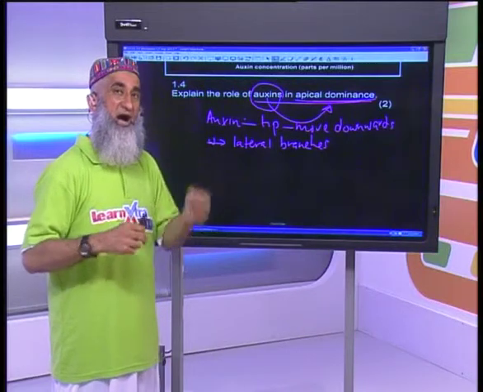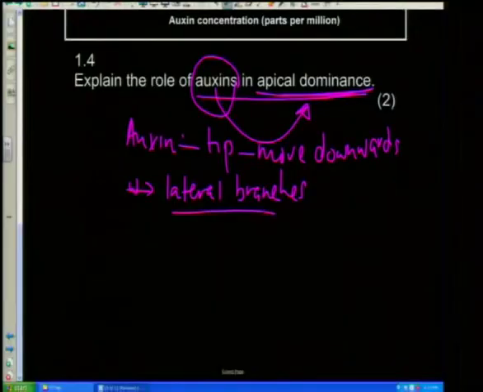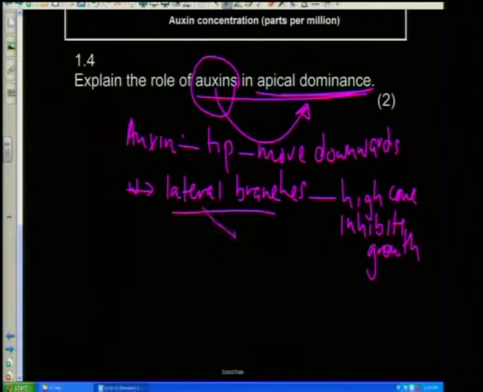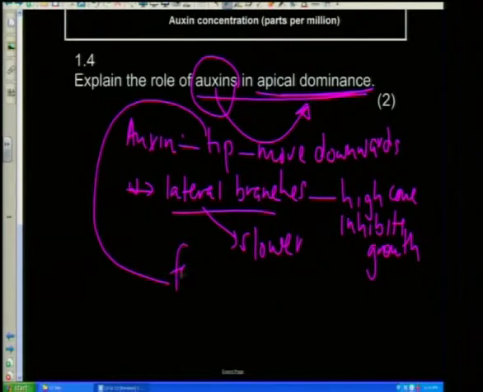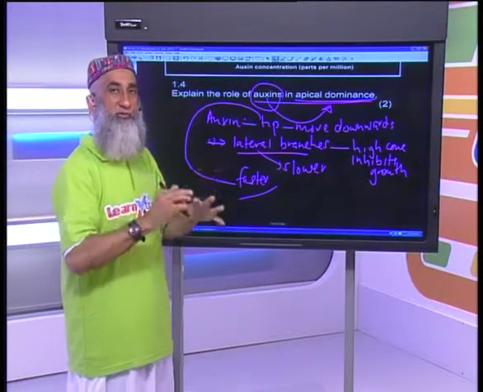In the root, a high concentration of auxin inhibits growth. And also in the lateral branches, a high concentration inhibits growth. So this part will grow slower, and the tip will grow faster. And this is apical dominance. The growing tip will keep going up. I'm hoping we're on the same page here.